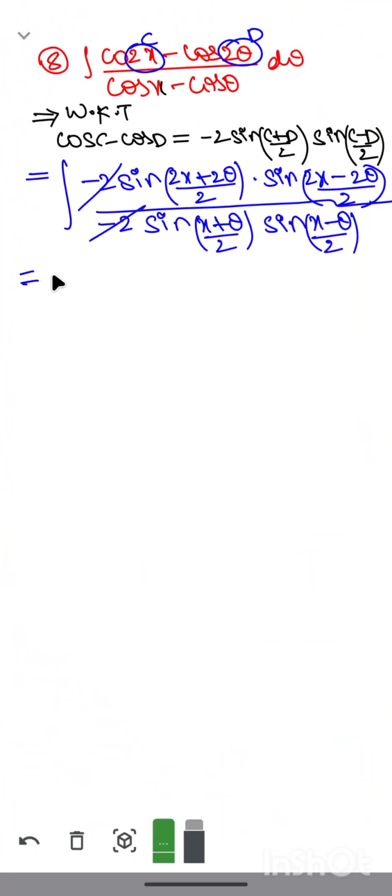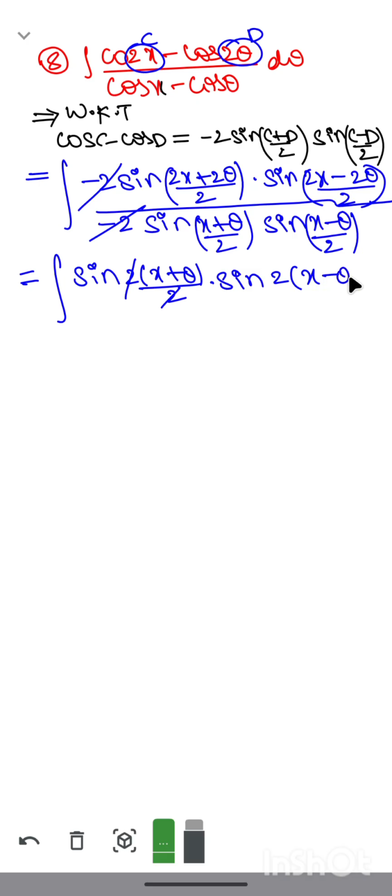integration of sine... In both numerator and denominator we can cancel 2 after taking it common. In the numerator I am taking 2 common, the remaining is (x plus theta) divided by 2, so numerator 2 and denominator 2 cancel. In the same way, in the second term I take 2 common in the angle, the remaining is (x minus theta) divided by 2, so again 2 cancels.